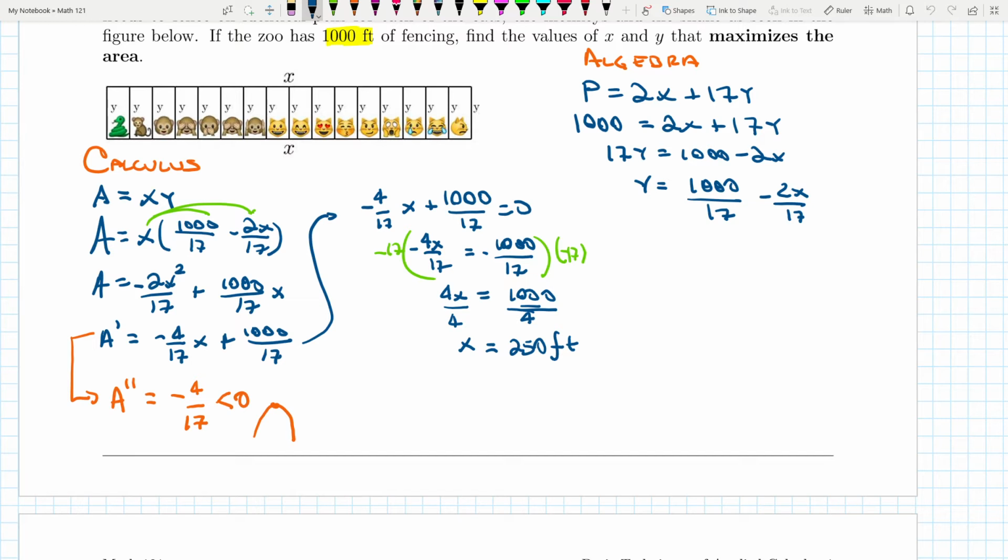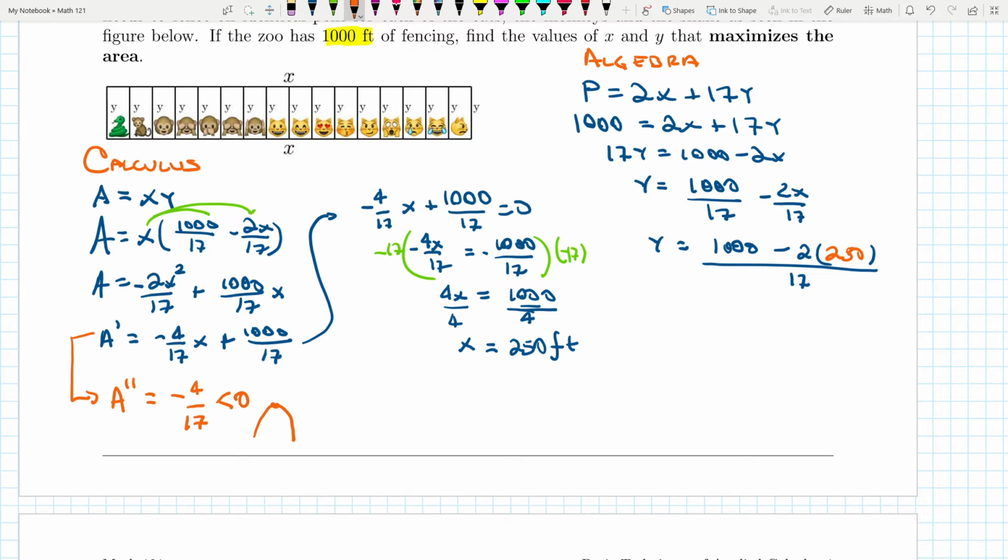Well, we're good to go and find out what the y value is. I'm going to have everything in one single fraction to make our calculations a lot easier. So I'm going to plug in 250: 1000 minus 2 times 250, which is 500, divided by 17.